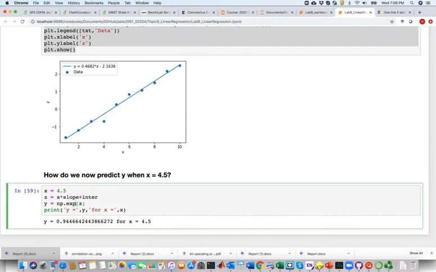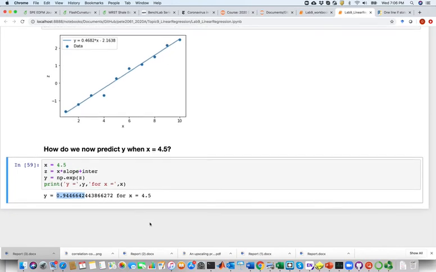Because exponent of natural logarithm of y will give you y. E raised to power ln x is x. And that's basically what we do here. So we first use the equation of the slope and intercept to get z, which is natural logarithm of y, and we take the exponent of that to get y. And the correct value is actually 0.94 when x is 4.5.